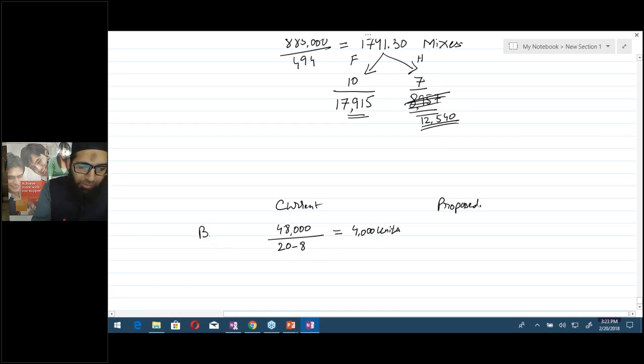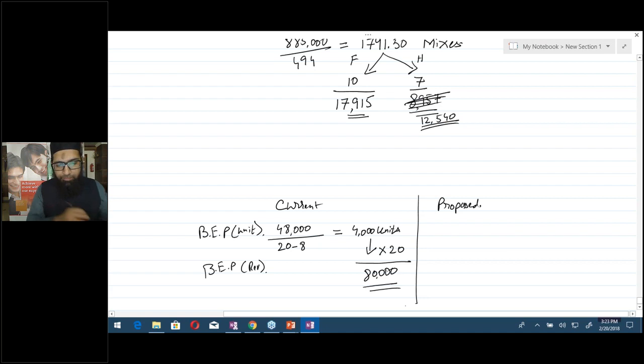So this is the break-even point in units. Now what will be the break-even point in revenue? One way is to simply multiply it with the selling price, which is 20, so this will be $80,000. This is the current situation.